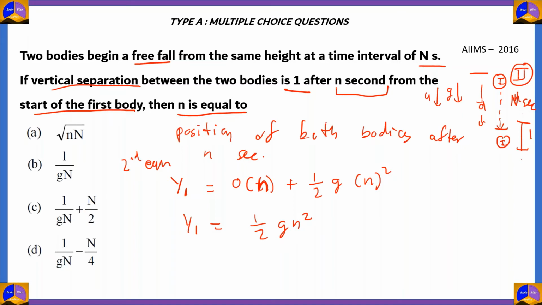So if at small n seconds, the body 1 reaches some place, then the time interval of the second object at that point would actually be small n minus capital N, because it is dropped at a later time. So that time interval is subtracted from the original time interval of the first body.